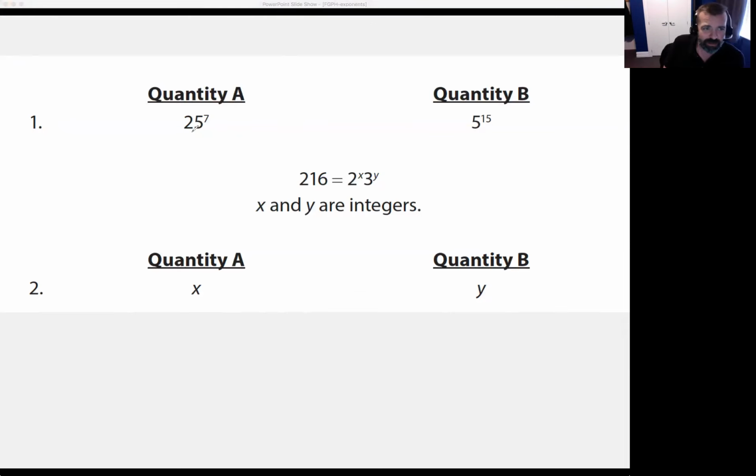If the base here is not prime, what I often like to do is break things that are not prime down to their prime factors. So what are the ingredients of a 25? 5 times 5. Excellent. So how can I rewrite 5 times 5 in exponent terms?